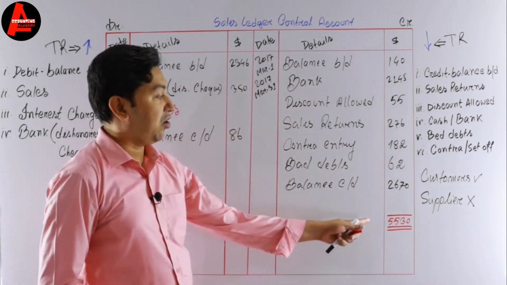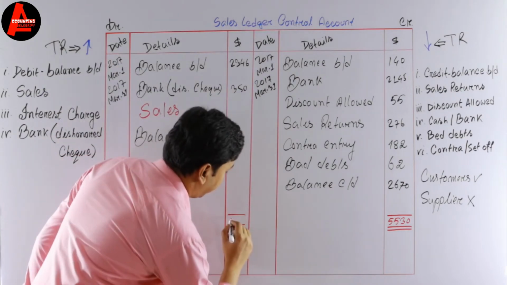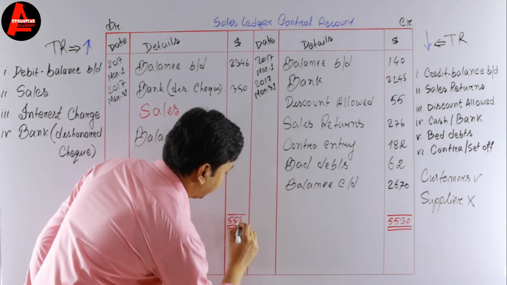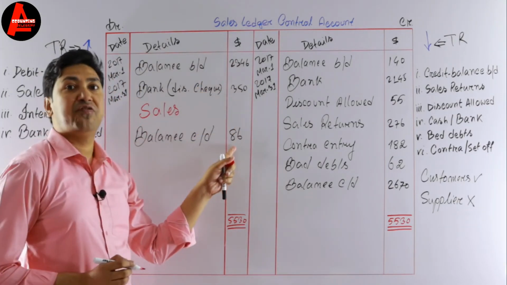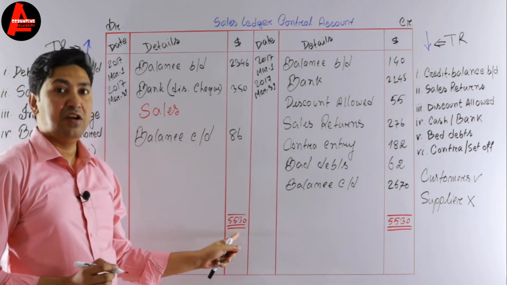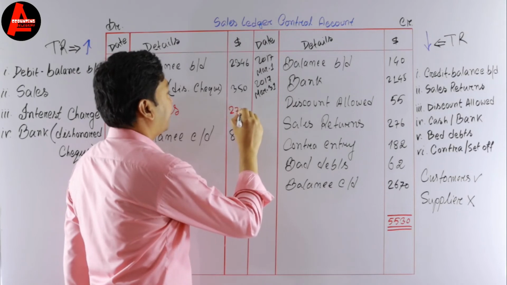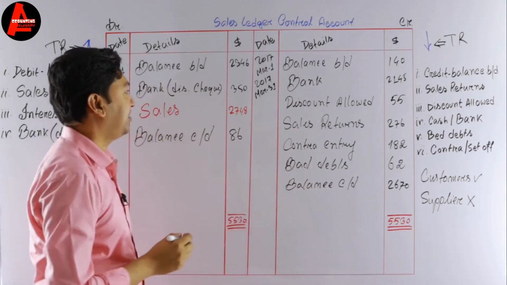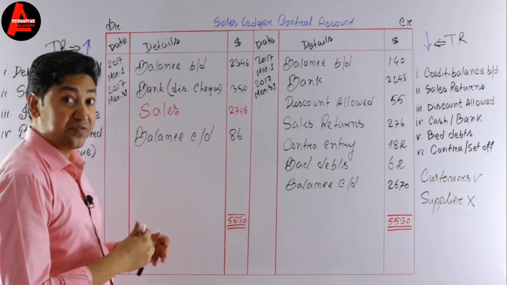Now take this value here in the debit side, $5,530. Now we subtract these three values from this total. So what do we get? We get $2,748.